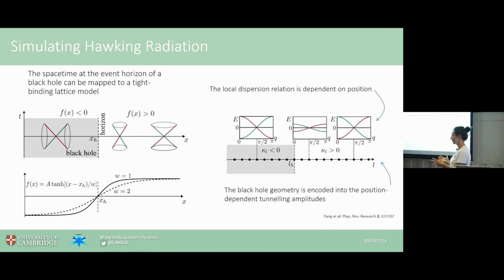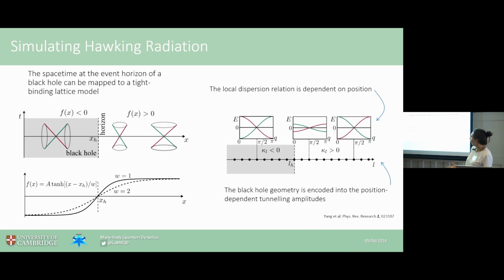Another intuition for this comes from the fact that if you look at the light cone as you move towards the black hole horizon, the way that it shifts and compresses is the same as the way that the local dispersion relation changes and shifts as you move along a one-dimensional chain where your tunneling is moving from positive to negative in this way.